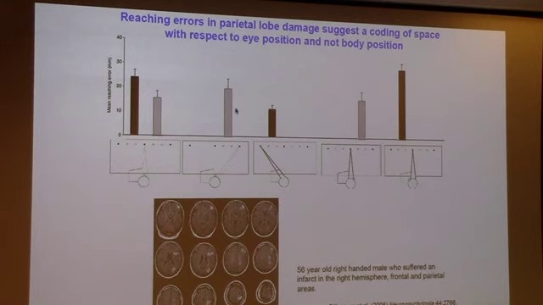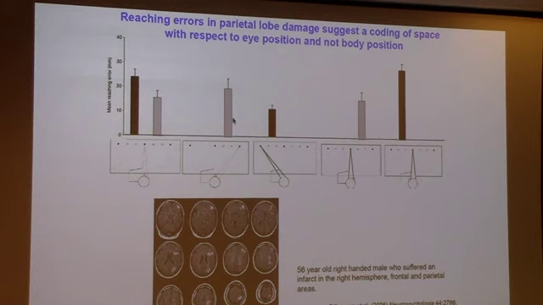So the target is to the left of your fixation point, but to the right of your body. The other way around, in the next experiment, I will ask him to look at the fixation point to the far left of this panel, and put the target to the right of your fixation point but left of the body. And then you can compare the reaching error between these two.